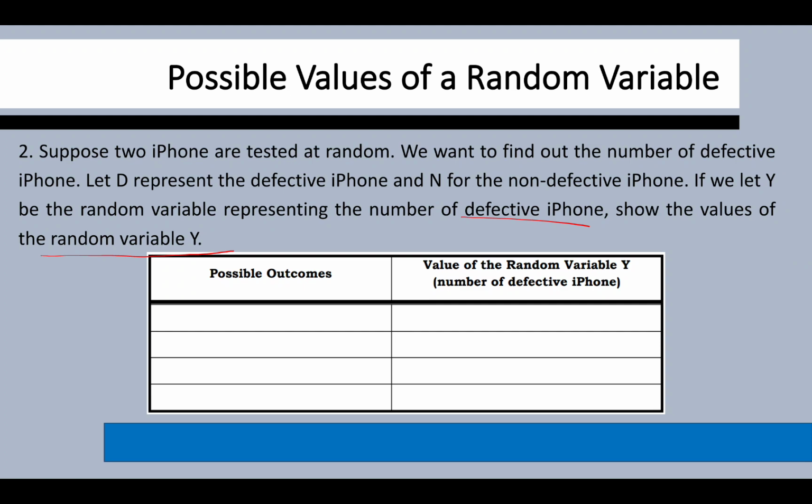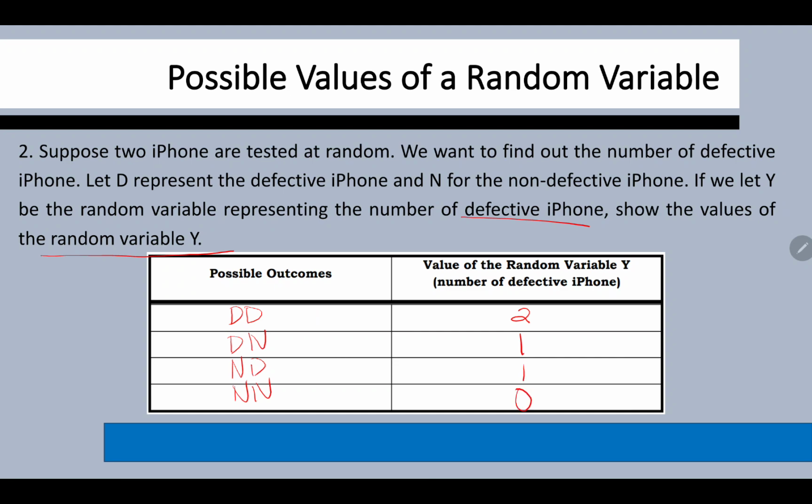The representations are already given. With two phones to be tested, the possible outcomes are: both iPhones are defective; the first is defective and the other non-defective; non-defective, defective; non-defective, non-defective. Then, as assigned to the random variable Y, we find the number of defective iPhones. In order, we have 2, 1, 1, and then 0.